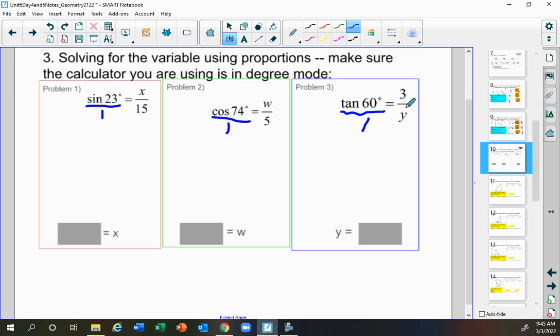Then type in the number, 23. Close parentheses. Then hit enter. See what you get. What is that decimal value? 0.390.